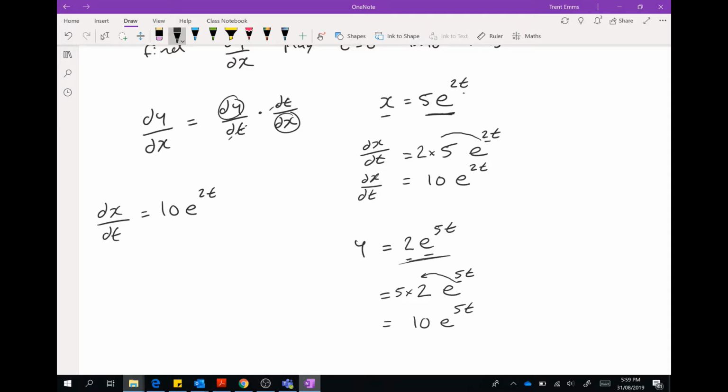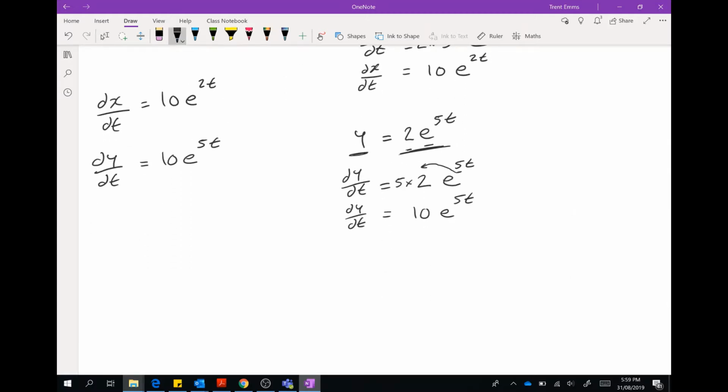Because I've differentiated all this with respect to t, this is going to get differentiated with respect to t, dy by dt, giving us dy by dt equals 10 e to the 5t.